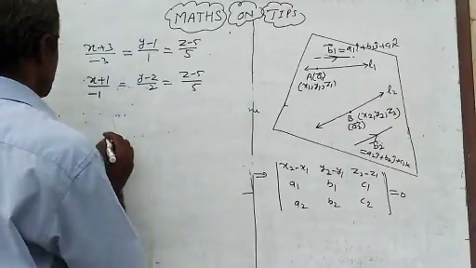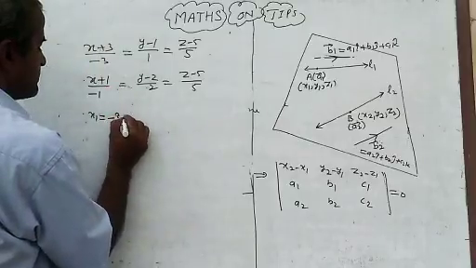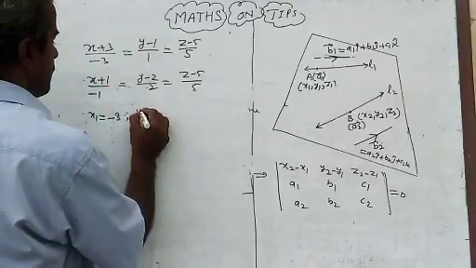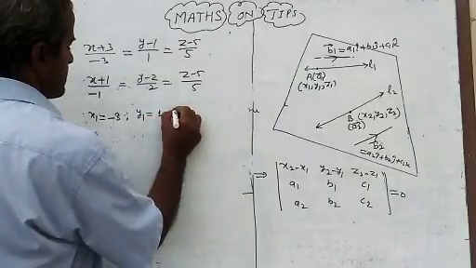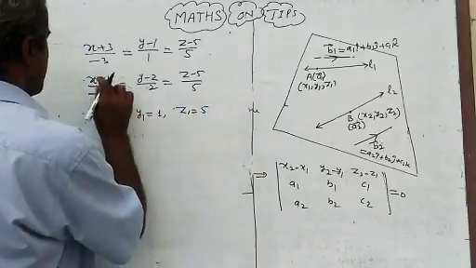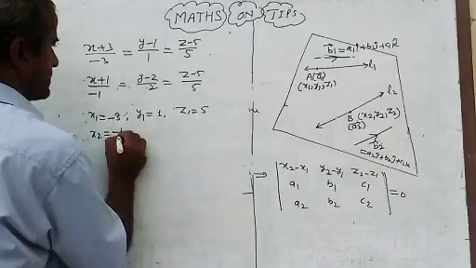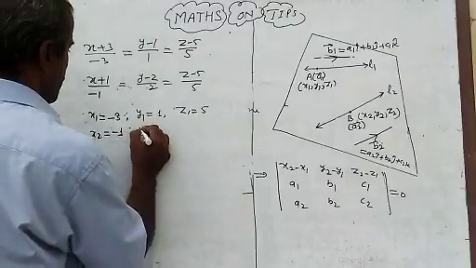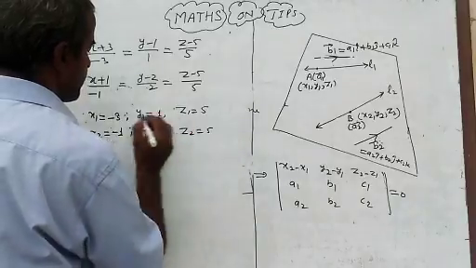कंपेयर करो बेटा, तो here we will get x1 is equal to minus 3, y1 is equal to 1 and z1 is equal to 5, x2 is equal to minus 1, y2 is equal to 2 and z2 is equal to 5.